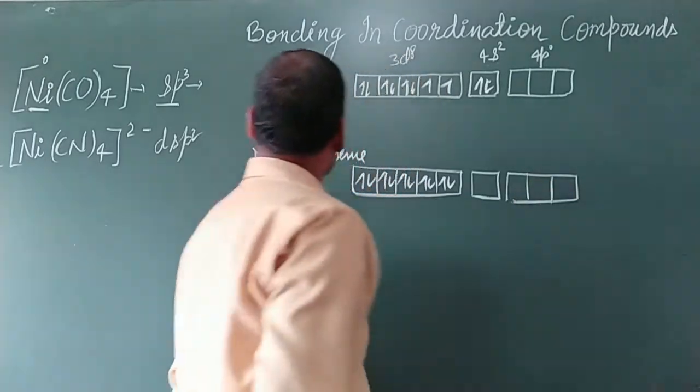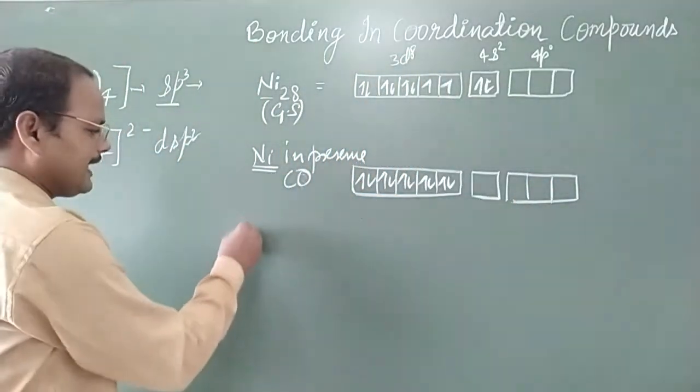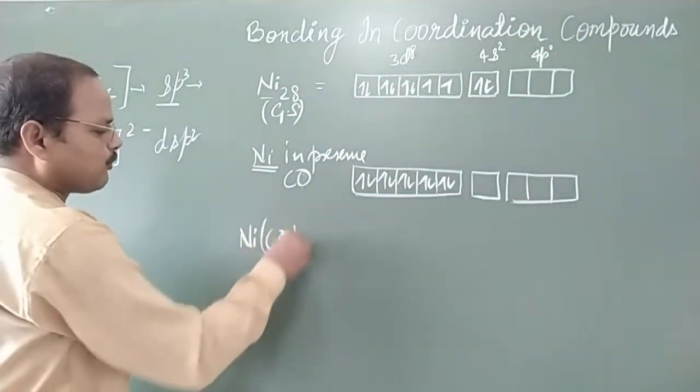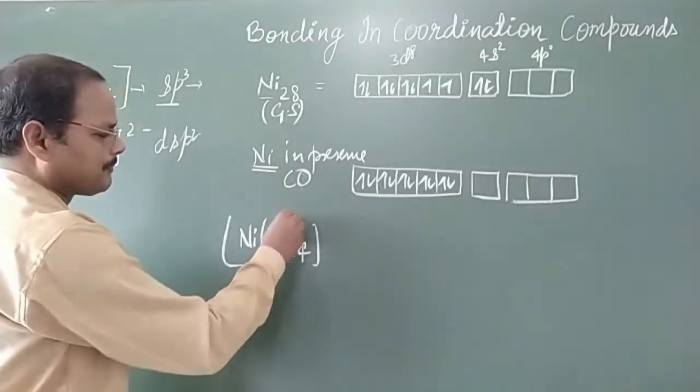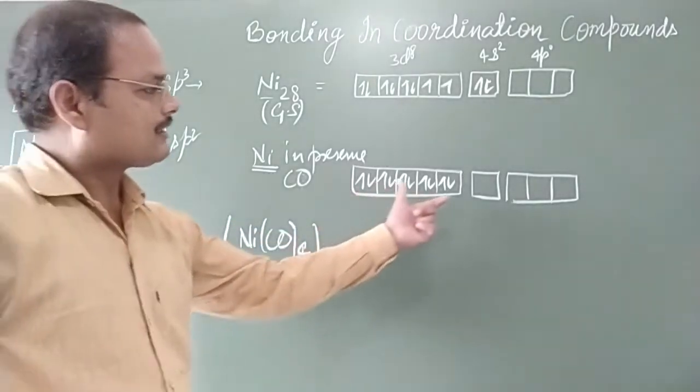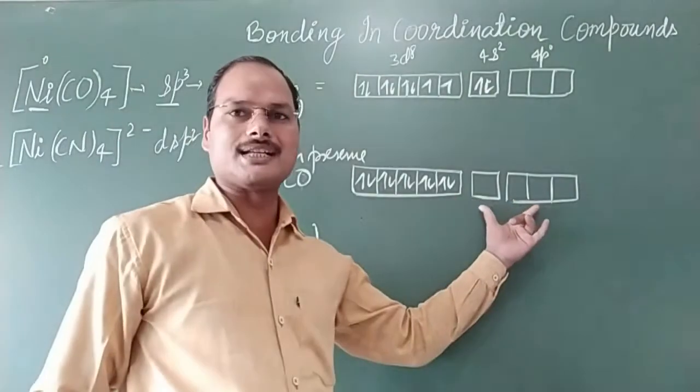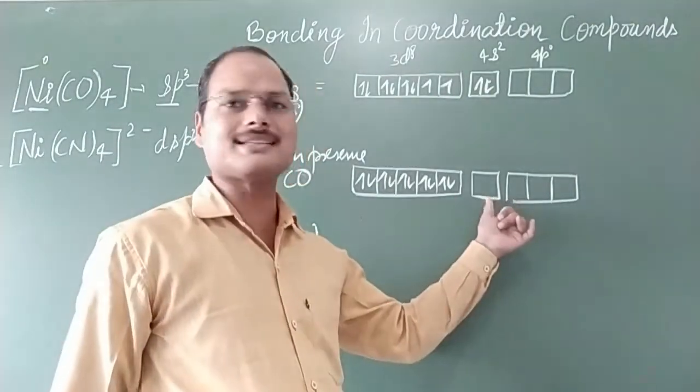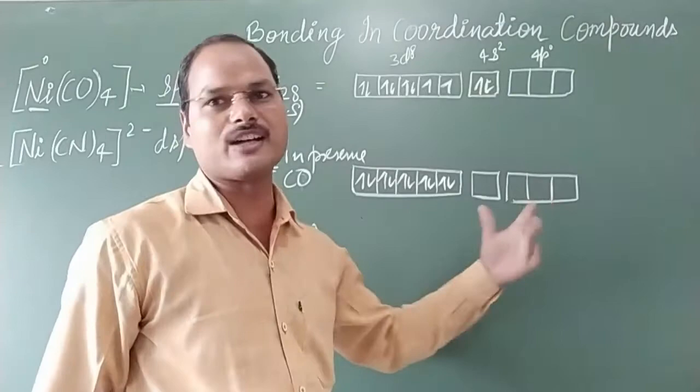Now, to form the compound Ni(CO)4, we need 4 empty orbitals, 1s and 3p.